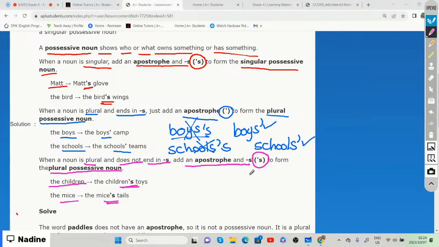And remember, we said we put an apostrophe and S at the end of a word to show possession, when either it is a singular possessive noun or when it's a plural noun but it does not end in S. And then we only add an apostrophe if the noun is plural and it ends in S. Then we add the apostrophe at the end of that word after the S.